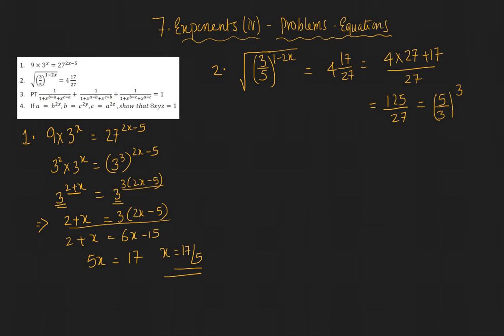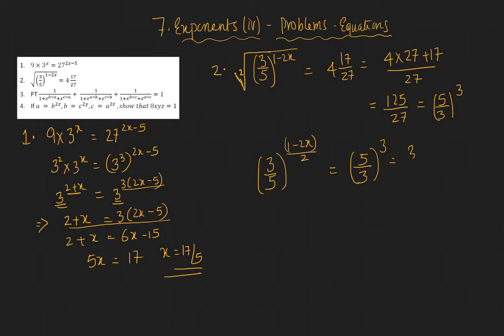That's your right side. Your left side would be 3 by 5 power 1 minus 2x by 2, because that's square root. Square root means this is 2. Right, so you have the whole power 1 by 2, and then that becomes 1 minus 2x by 2. That is equal to 5 by 3 power 3.